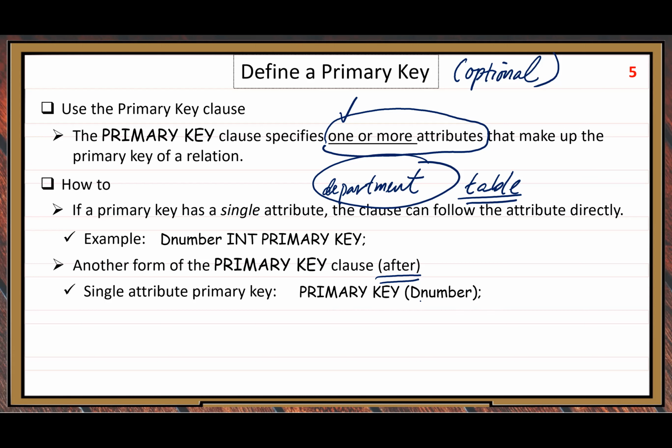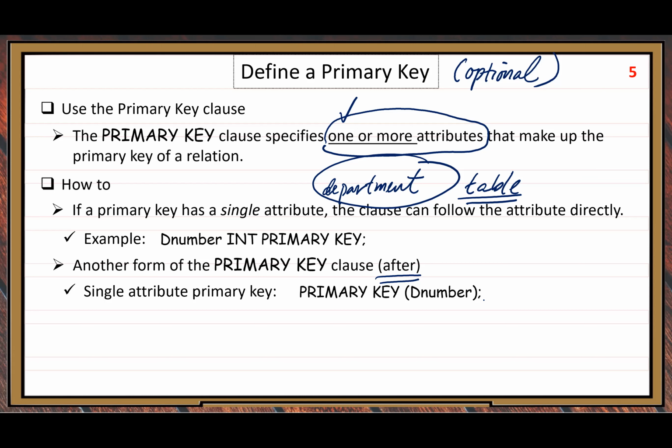Primary key, parenthesis, the attribute, D number, inside parenthesis. So that's another way to declare a primary key. The second way is sometimes quite useful, and some people like it.